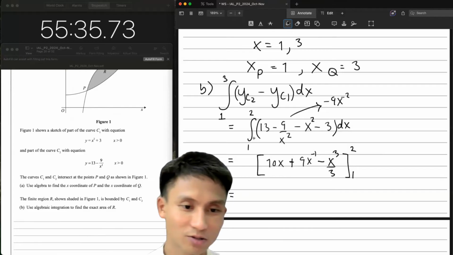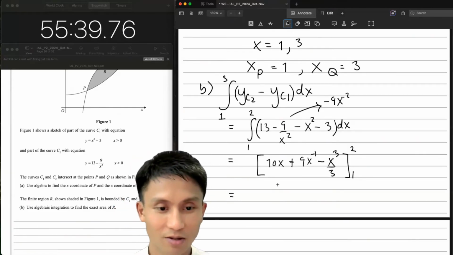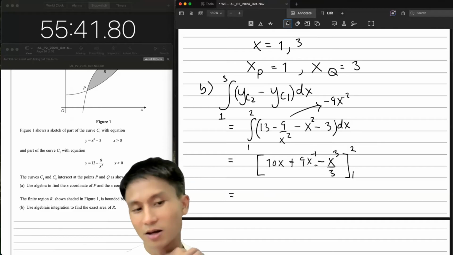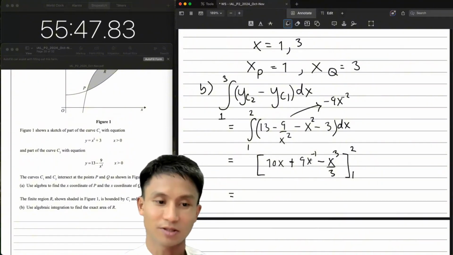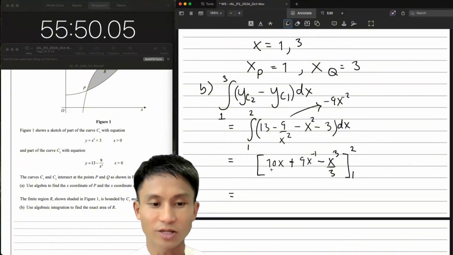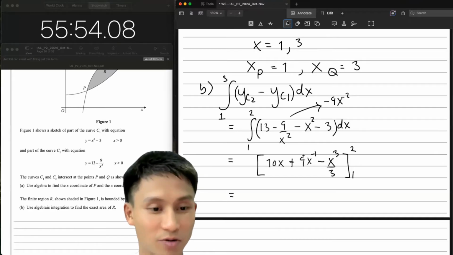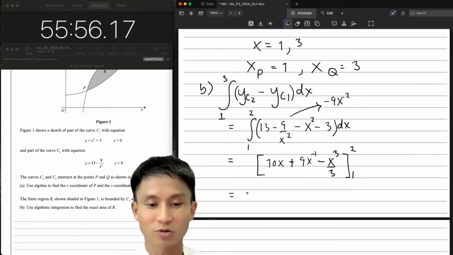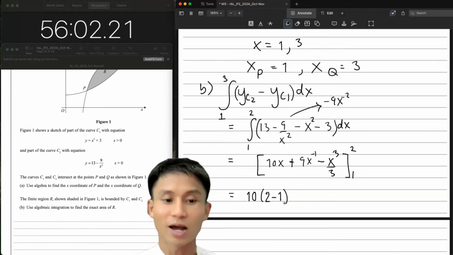We want the exact area, so we're not going to use a calculator. My technique when I substitute into the integration like this is to do each term, not each set, by each bound. So for 10x, I substitute the upper bound and the lower bound, subtracted, in brackets like that.